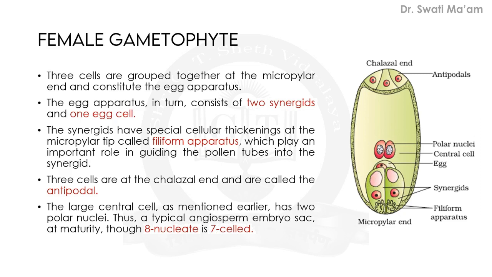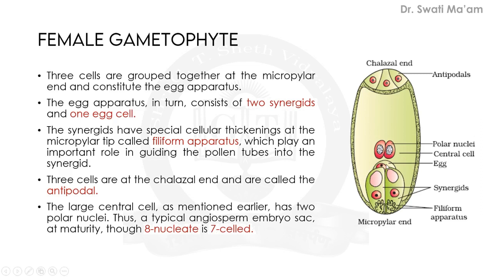So in total, towards the micropylar end, these 3 cells are located. The egg apparatus in turn consists of 2 synergids and 1 egg cell. So total 3 cells are known as the egg apparatus.